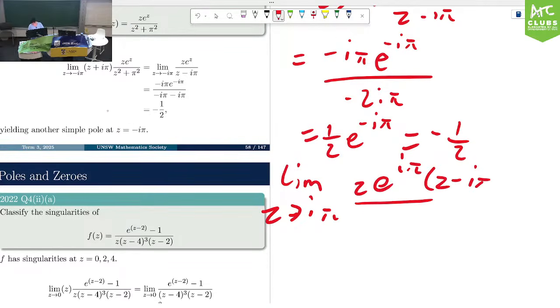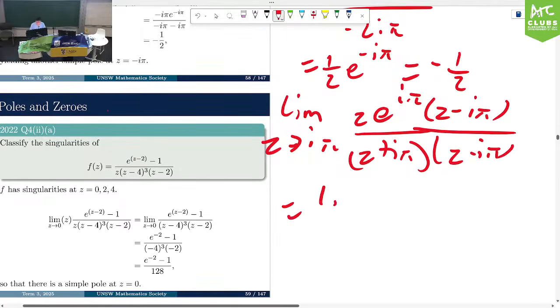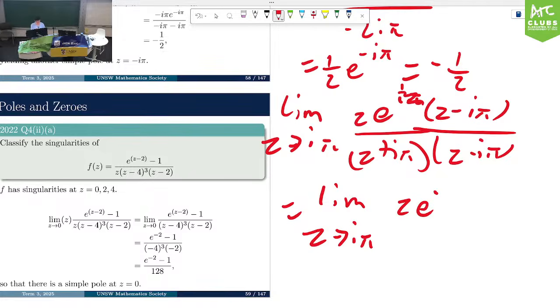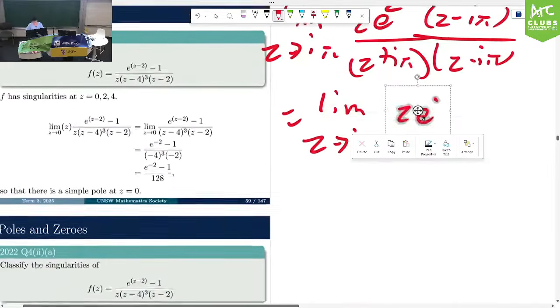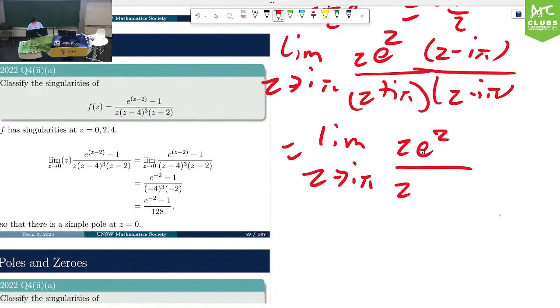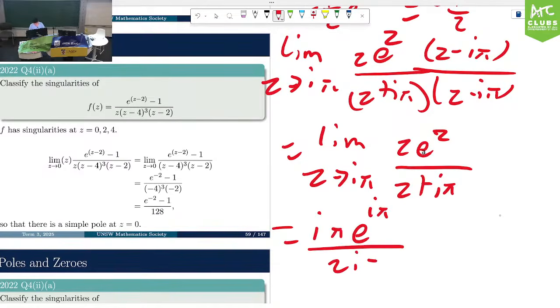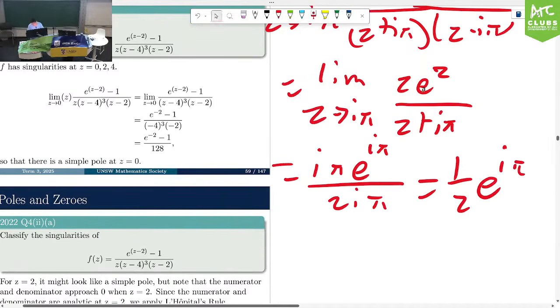Okay, I'll just do it here. These are z plus i pi, okay, and I'm subbing in here, so i pi, e to the i pi, 2 i pi, this thing is a half, e to the i pi, it's negative 1, so minus half.